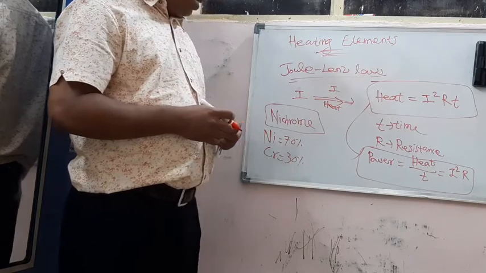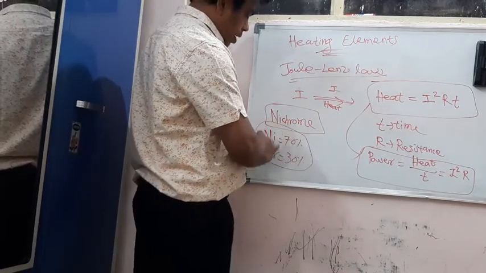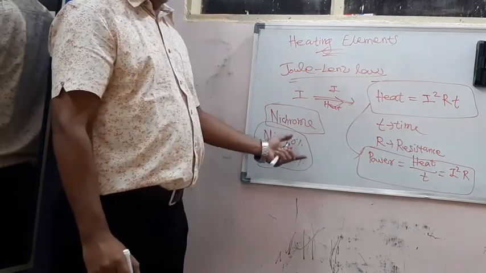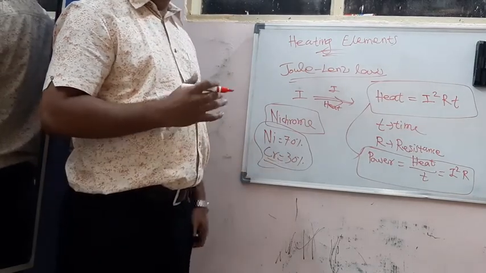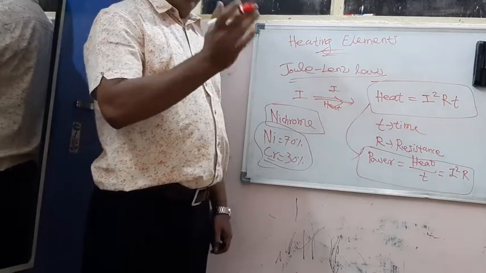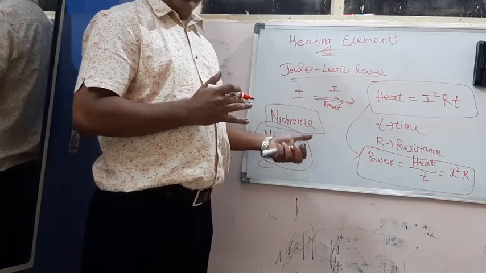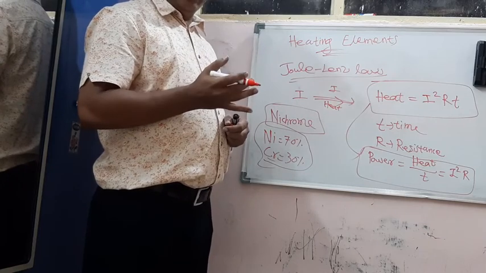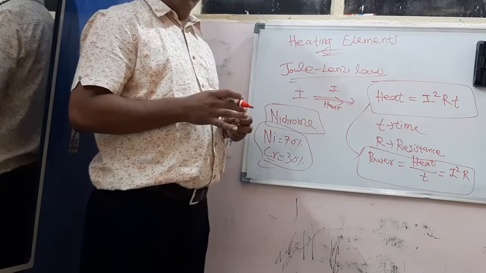At higher temperatures, chromium is converted into chromium oxide, and it forms an outer surface layer on the heating element. In such a way, any corrosion and breaking of the core material is prevented.